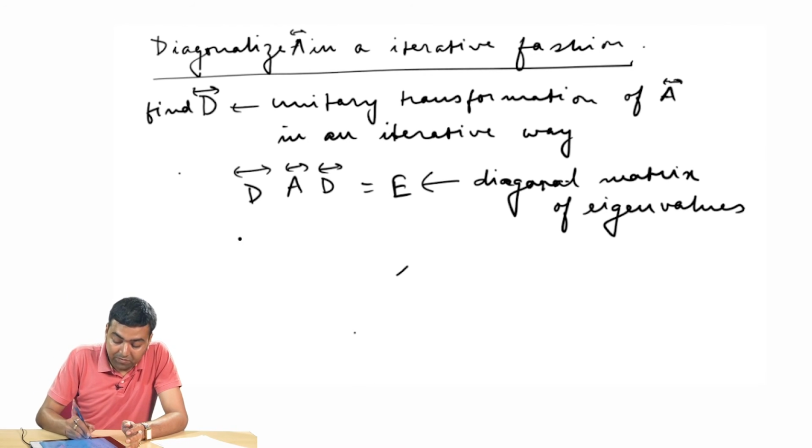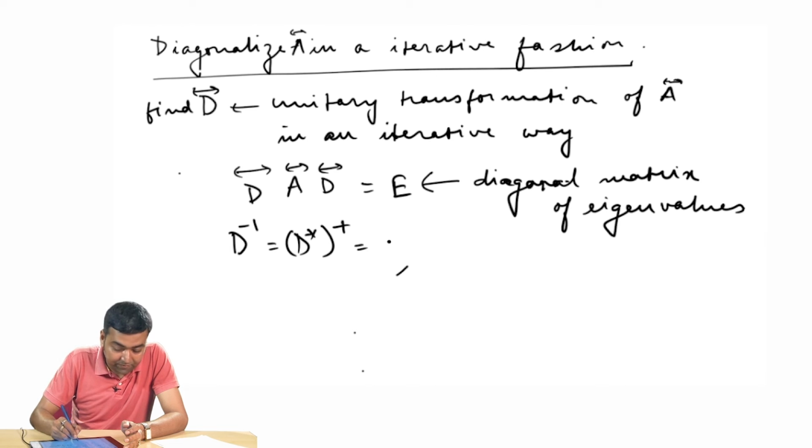The matrix D has the following property: the inverse of this matrix also happens to be the transpose of the complex conjugate of the D matrix.